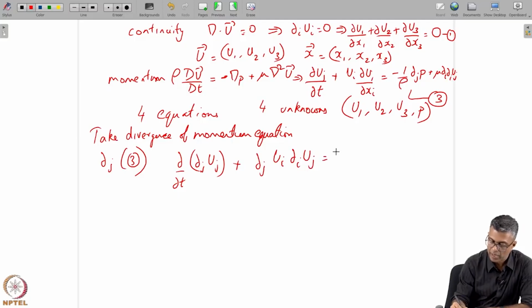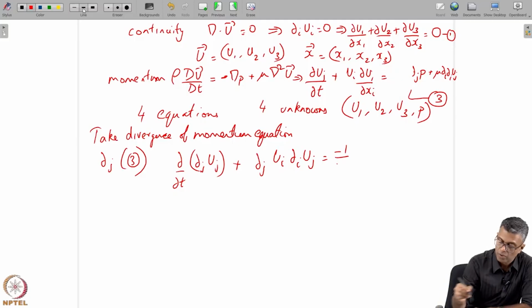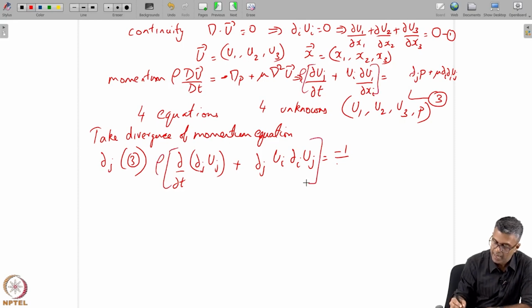And then I will have minus 1 over rho. Actually, there wouldn't be a minus 1 over rho. The rho would be on the left hand side. So I would have the rho here, and then I would have del j p, which is what again?